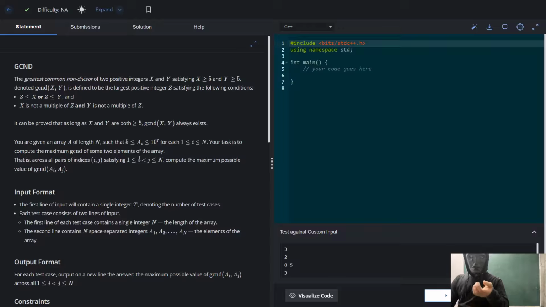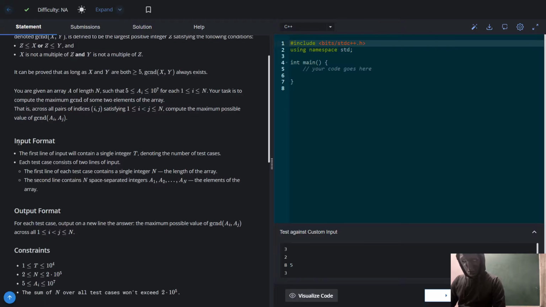Let's say i is equal to 2, then both i and j should not be 2. You can't take one element twice, you should take different elements. That is the meaning of this statement. So compute the maximum possible value of GCND. Among all these pairs we'll have to consider the maximum GCND. It's easy only, don't worry, I'll be telling on the board.